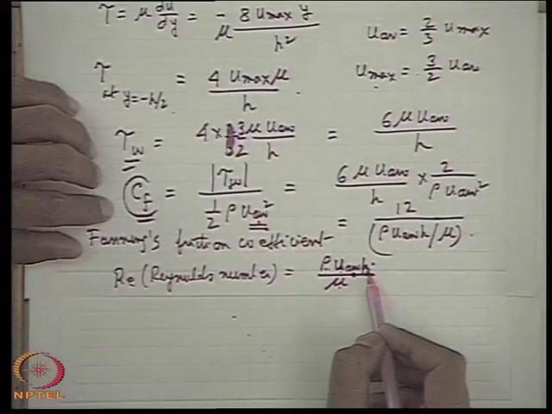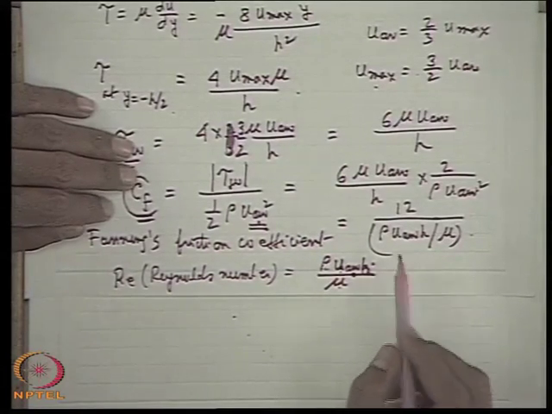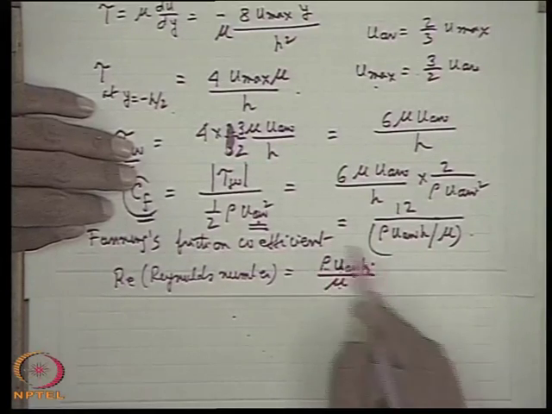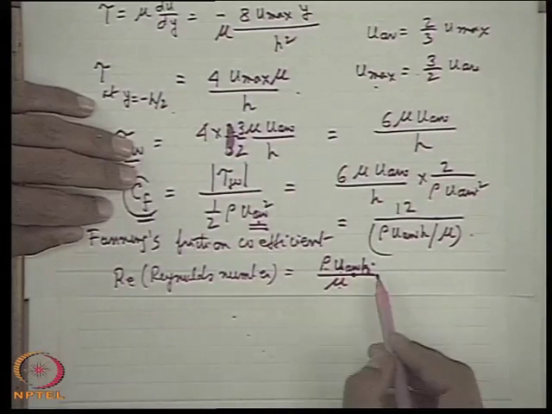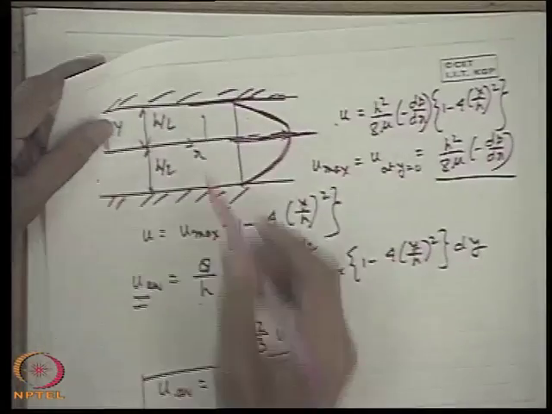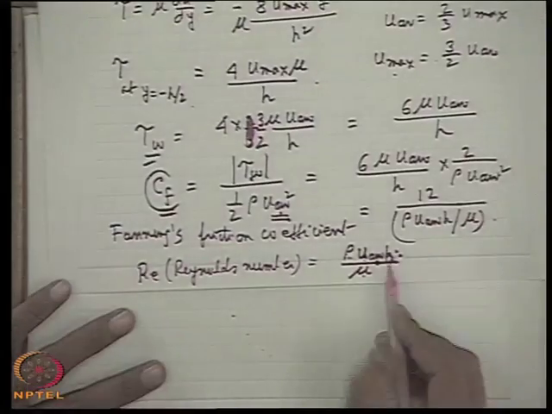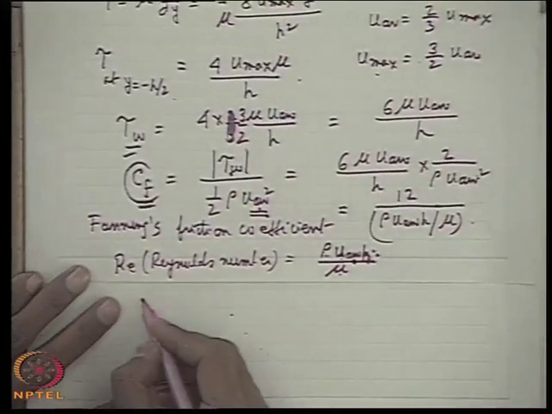It is actually the hydraulic diameter, which is defined as the cross-sectional area divided by the wetted perimeter. In this case it is h, so that the Reynolds number is based on the distance between the two plates. So this is the Reynolds number.